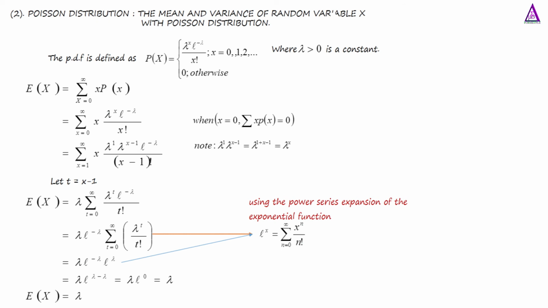We now let t equal to x minus 1. Put t in every place we have x minus 1 and factorize lambda out. Using the power series expansion of the exponential function, this part alone gives us this. So the expected value of the Poisson distribution is lambda.